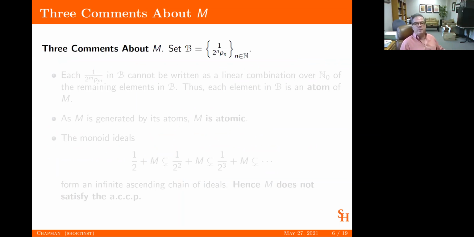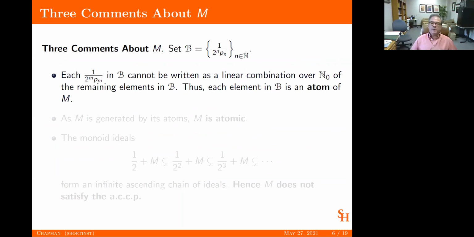If I let big B be this generating set, every element in B cannot be written as a linear combination over the non-negative integers of the remaining elements in B. So in the monoid M, each element in B is an atom, can't be factored. And remember, the operation here is addition, not multiplication.